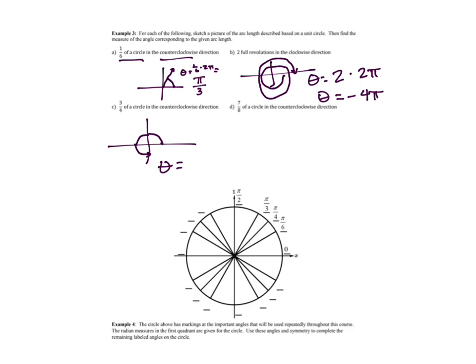So theta is going to be 3/4 times 2 pi times r, which is 1, divided by r, which is 1. What's 3/4 of 2 pi? Okay, so the 4 and the 2 can reduce down. 3 pi over 2. Guess what? That's what we call the negative y-axis, 3 pi over 2 in the unit circle.